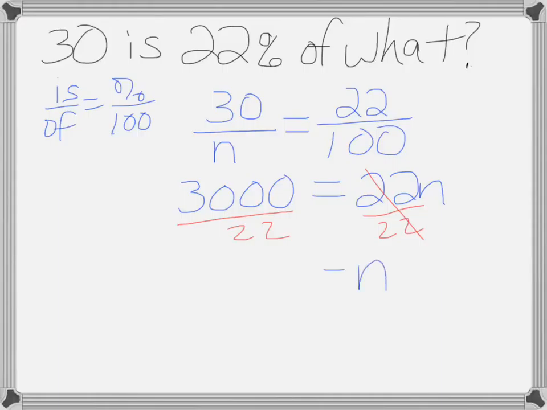If it's a decimal, we'll round all of these to 2 places if we need to round, to the hundredths place, 2 places after the decimal. This comes out to be 136.36. I wasn't finding a percent, so I don't need to put the percent symbol.